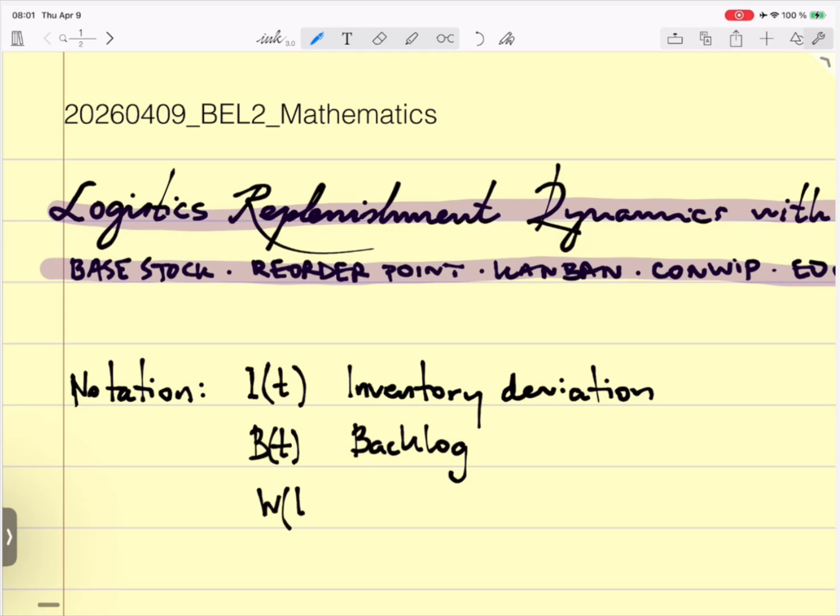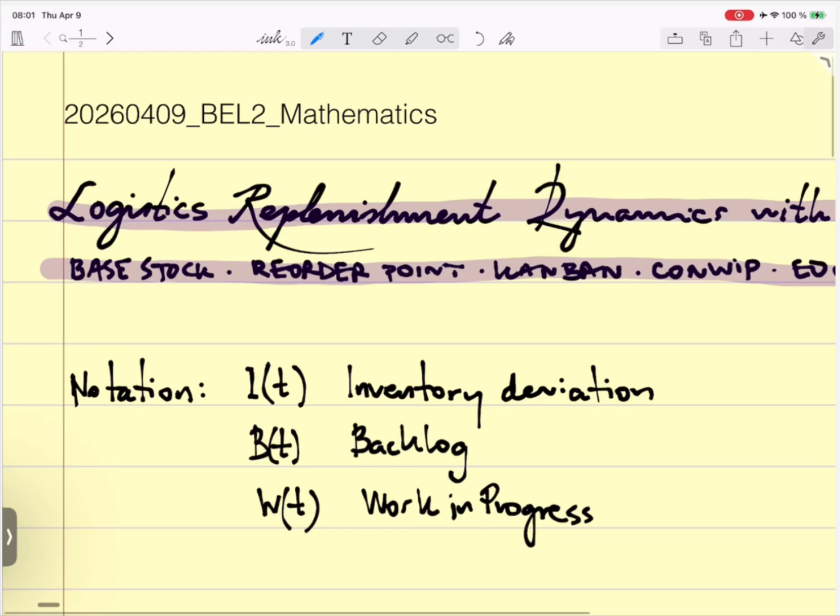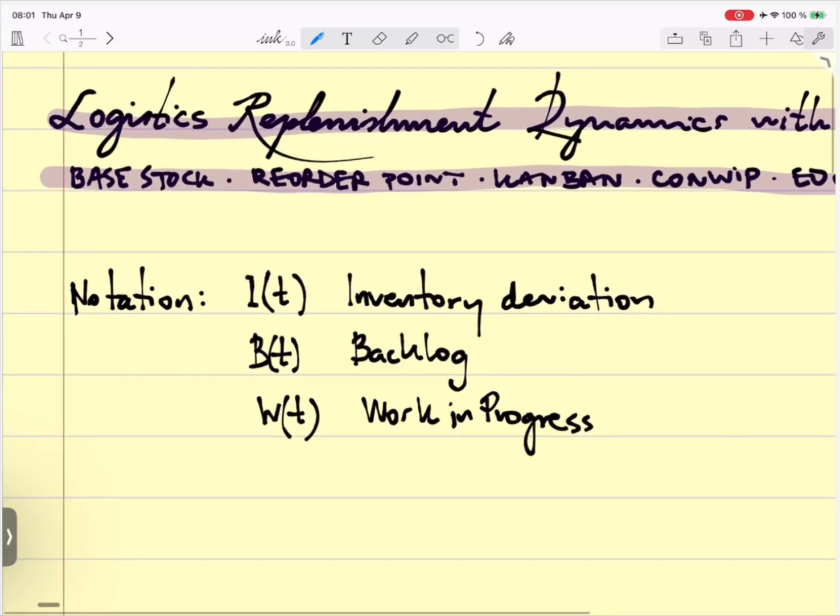W of t is going to be the work in progress, inventory that is in progress, or work in process. In America, they say work in progress. In Europe, work in process.